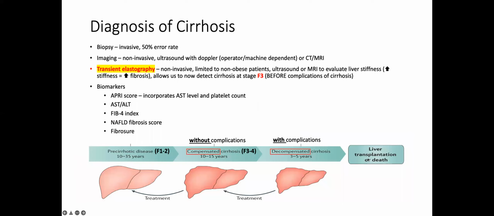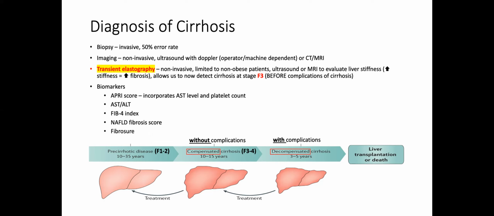So diagnosis of cirrhosis: biopsy has a lot of errors. Imaging, it's not great. Biomarkers like AST, they're okay. FibroSure, NAFLD fibrosis score, whatever. But the best thing is transient elastography. So I would just know that.